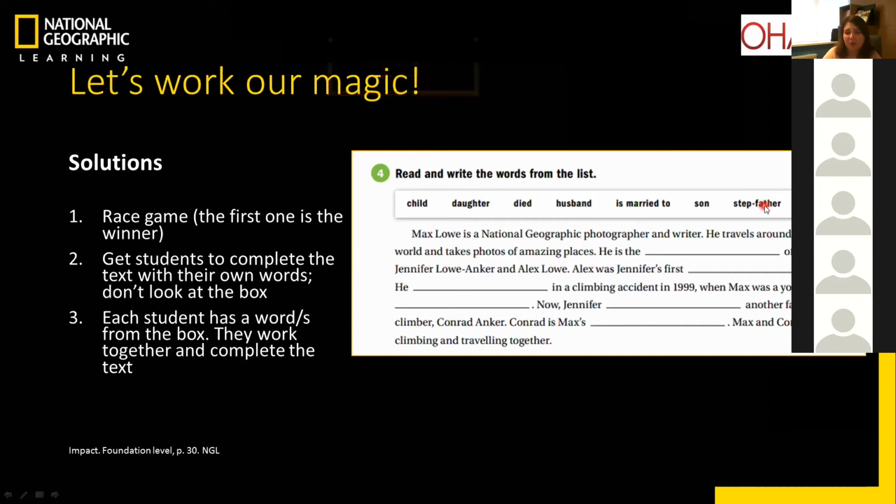So by looking at this text, knowing their context, they are very likely to use their target language. Then after that, you can give this task to them so that they have the choices, the options, and they double check what they have. Maybe change it, maybe not.